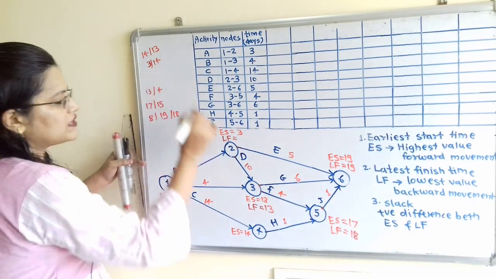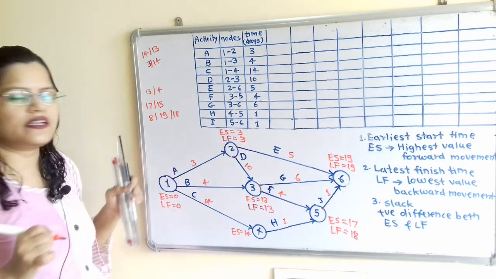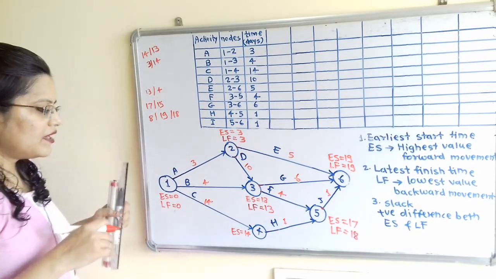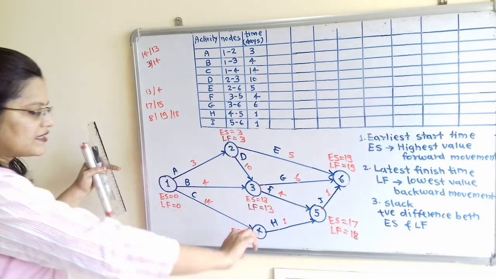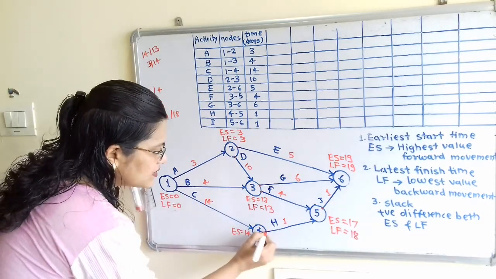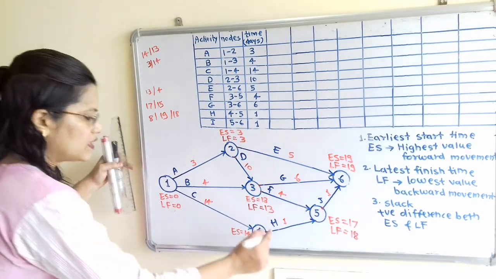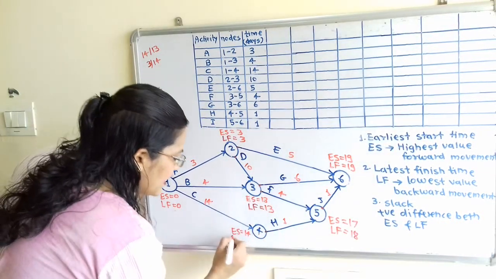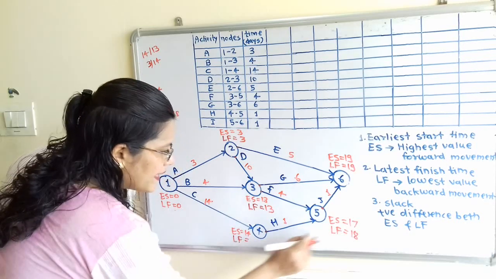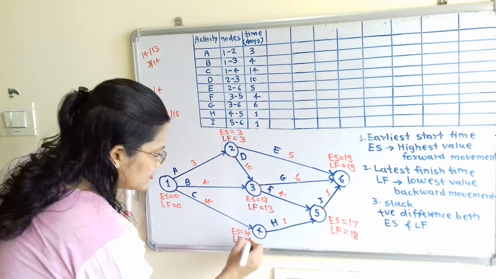So which is the lowest value? That is 3. So we will select 3. Then we will move next to node 5. There is only one starting point, only one arrow moving in the forward direction. So here LF is 18 minus 1, that is 17.